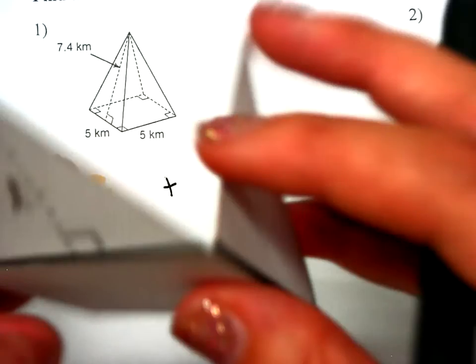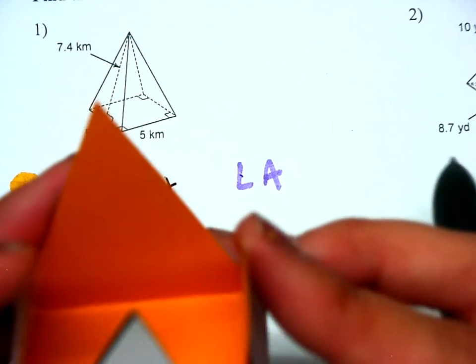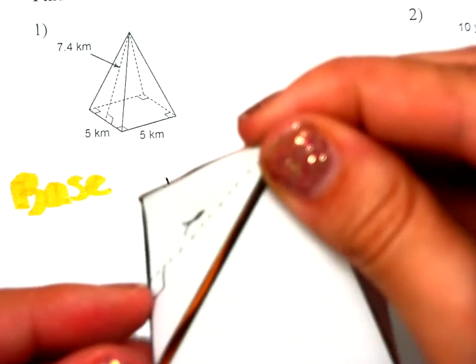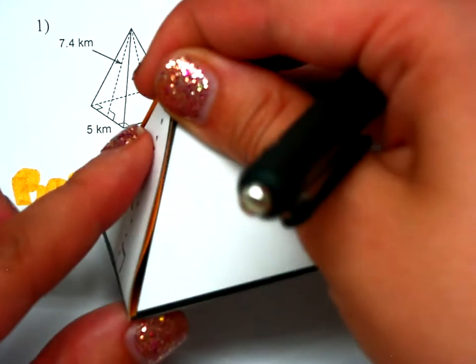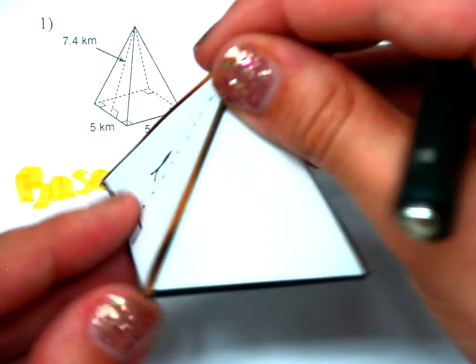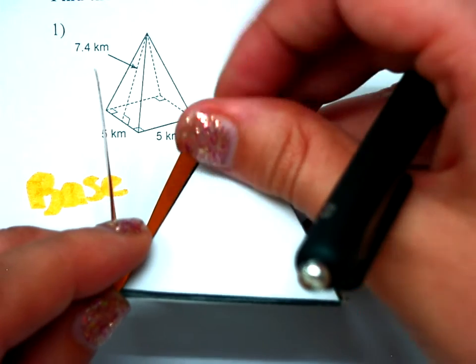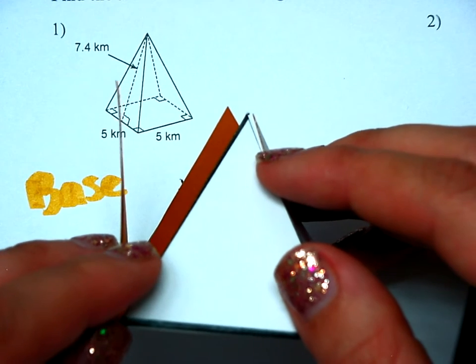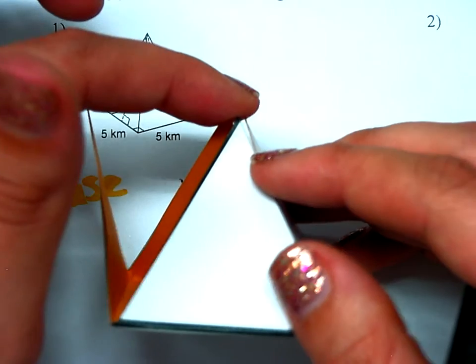Okay, so the slant height is kind of, well, what the name tells you. It's the height of almost like the slant or the edge of this pyramid. Let me move that back so it's a little more focused. So you'll see if I were to turn this, if I were to make this straight up and down, kind of like the normal height of the object, well, you'll see this top right here is higher than this one.